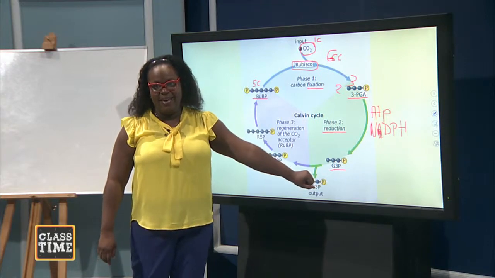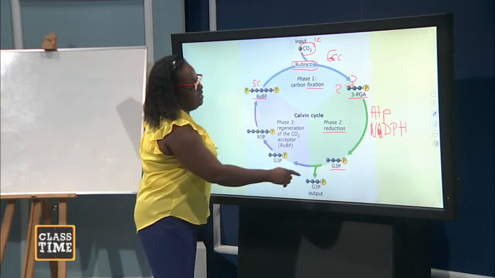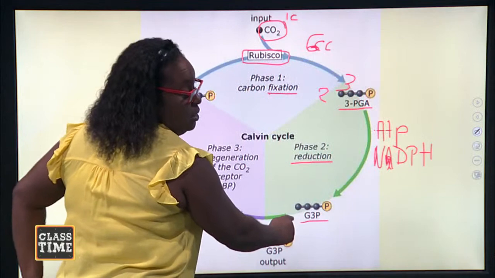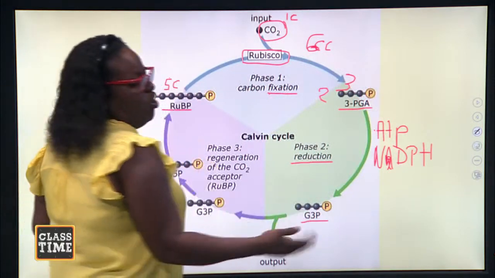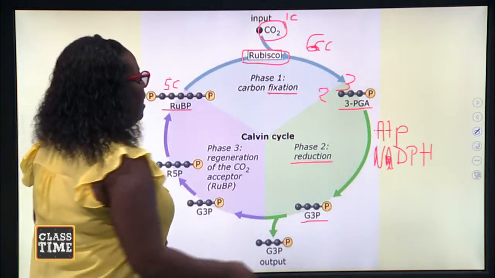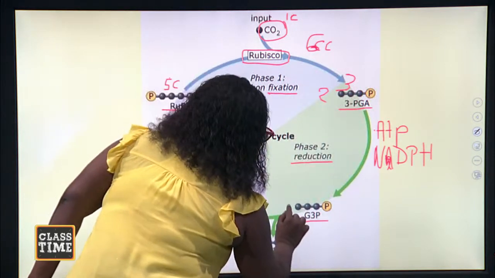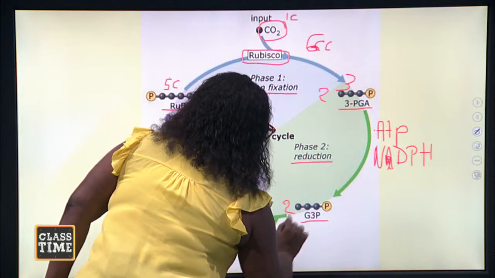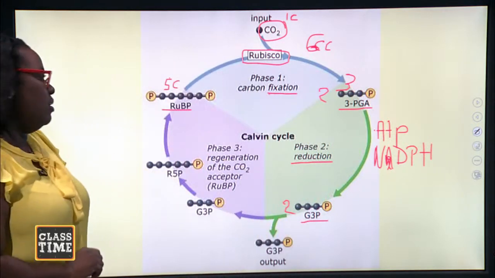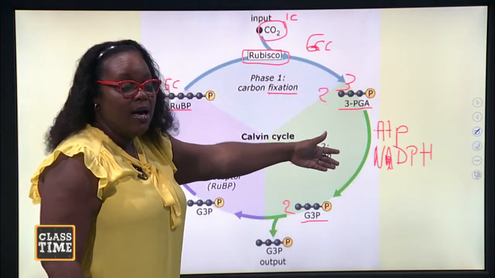phosphoglyceraldehyde, okay? And as you can see, there are still 3 carbons in this substance, and sometimes it's called a triose phosphate. But notice that if we had 2 of them up here, you will still have 2 of them here as well, because you still have not lost any carbons.